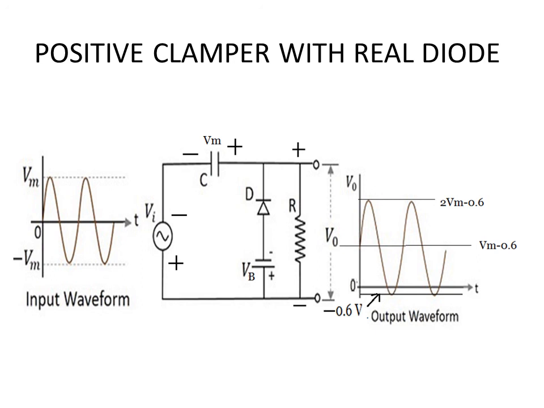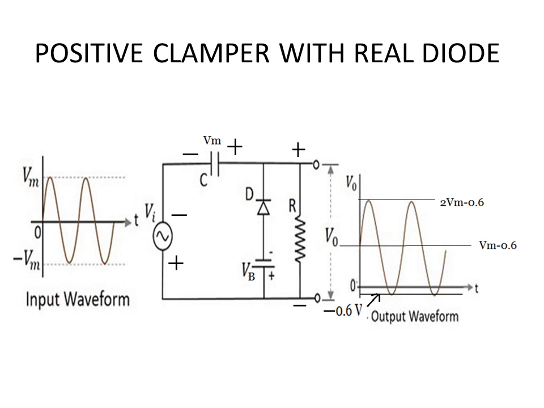So what does that mean? Earlier when our input was 0, our output was Vm, right? But now our output will become Vm minus 0.6. Similarly, our peak value, the maximum value or the position of the crest, earlier it was at 2 Vm, but now it should be at 2 Vm minus 0.6.